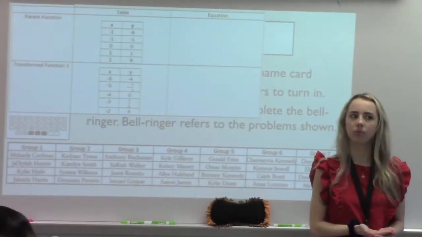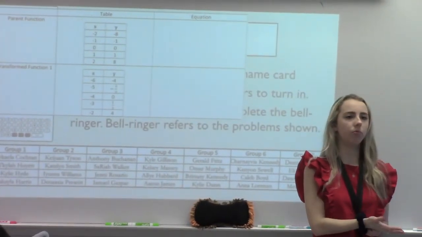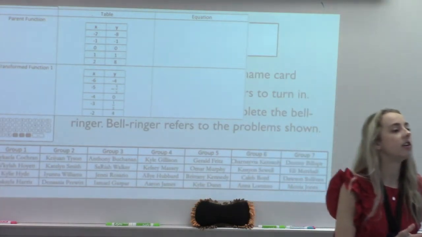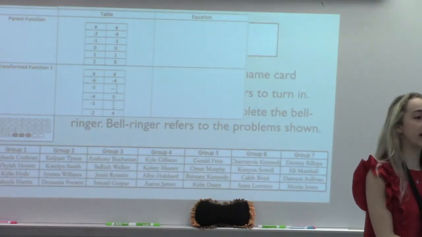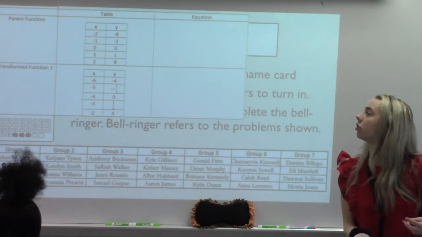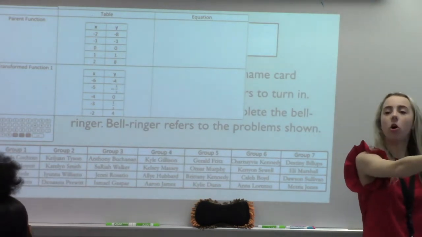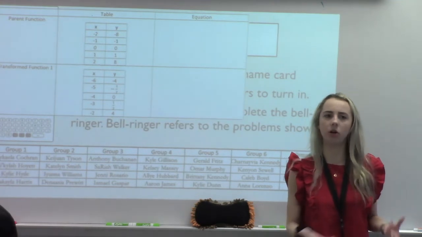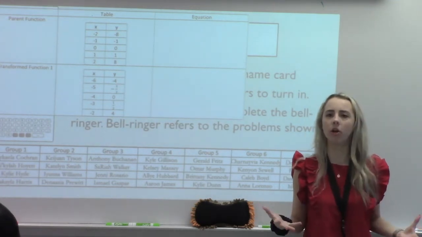Plug numbers in. Okay, so what's another way we could say that? Say it. Yeah, so we can use the rate of change to identify the parent functions, but also what Dawson was saying by plugging things in. What is he talking about when he's saying plug numbers in? Plug numbers into what?